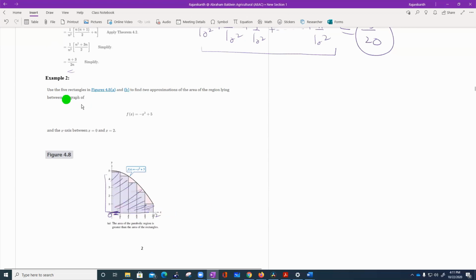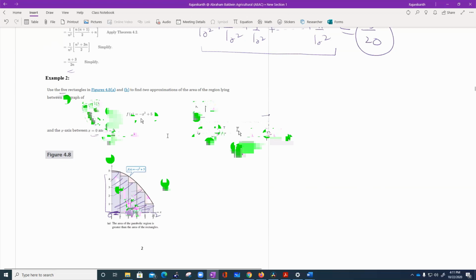So if you want to find the area of 5 rectangles, you have to divide the given interval into 5 subintervals, okay? Remember, you are asked to find the area between 0 and 2. So your x value starts at 0 and goes all the way up to 2, right? Now you need to divide this entire interval into 5 subintervals.